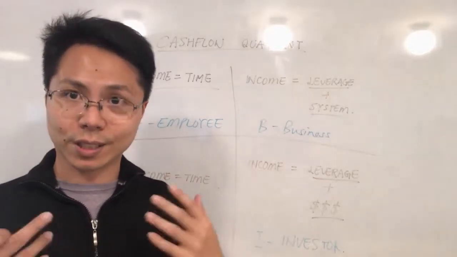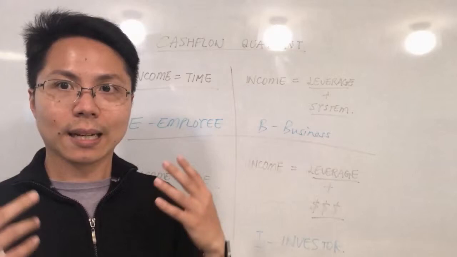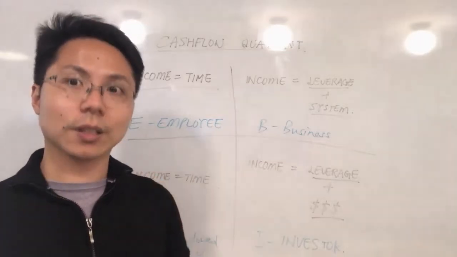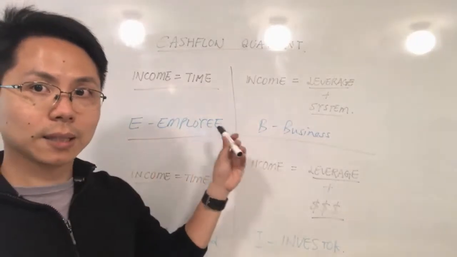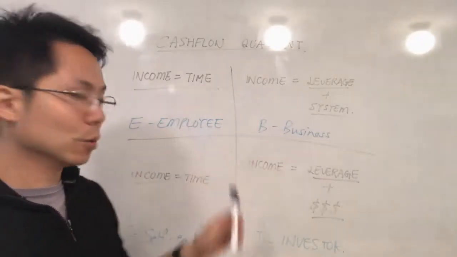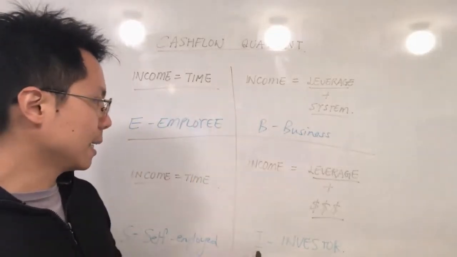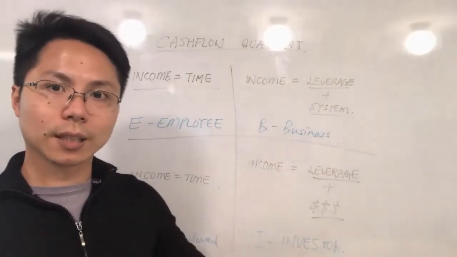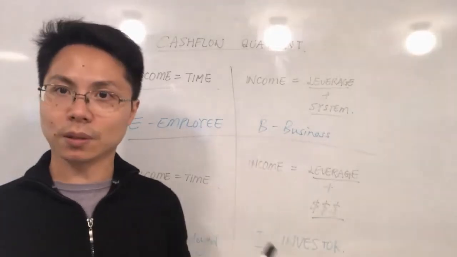Then I don't have to actually spend time working 40, 50, 60, 70 hours a week in order to achieve my financial freedom. So think about where you are today and think about what you can do. You might have a full-time job, and you can actually choose to go down the investor route. If you don't want to build a business, that's absolutely fine.